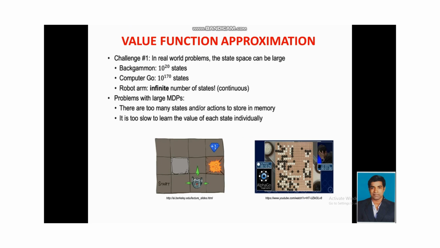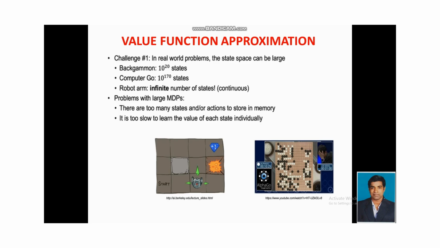Challenge 1. In real world problems, the state space can be large. In backgammon, the number of states is 10 to the power 20. Another game, computer Go, has 10 to the power 170 states.